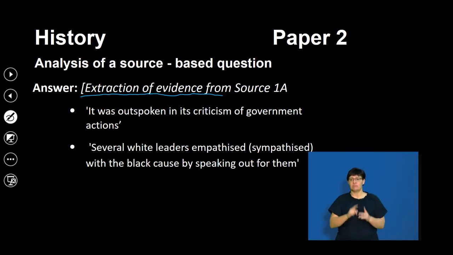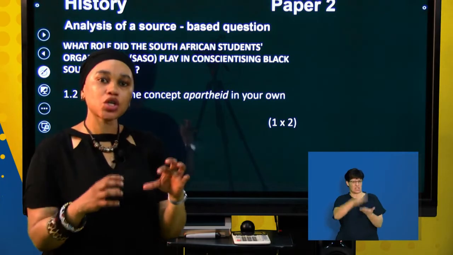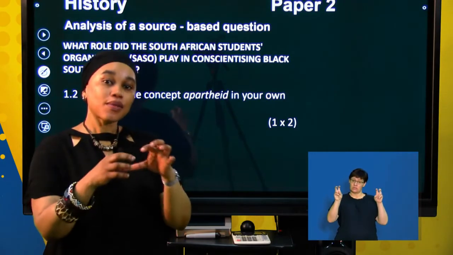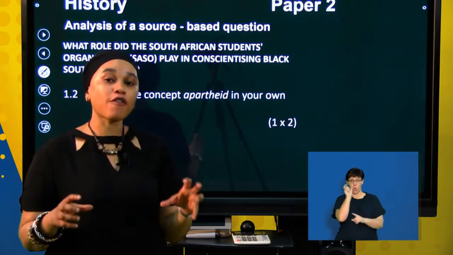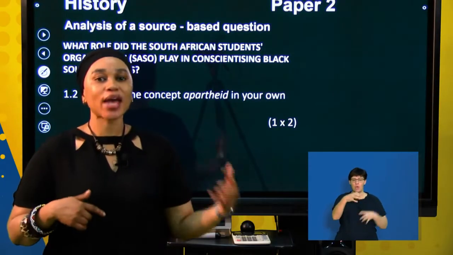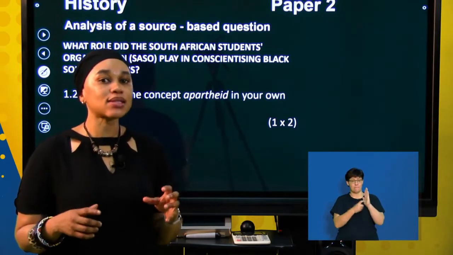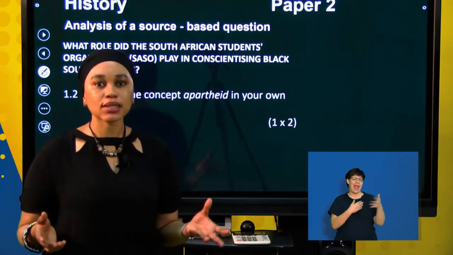Several white leaders emphasized or sympathized with the black cause by speaking out for them. Those are just some suggested answers. Now, what happens is, if you're asked to quote, you obviously give the exact words as they are found in the source. However, if you're defining things in your own words or you're analyzing, what we often say in the marking guidelines is that any relevant answer is acceptable.